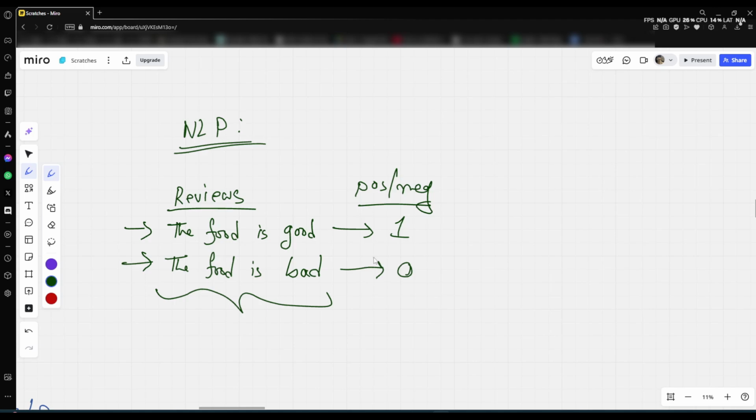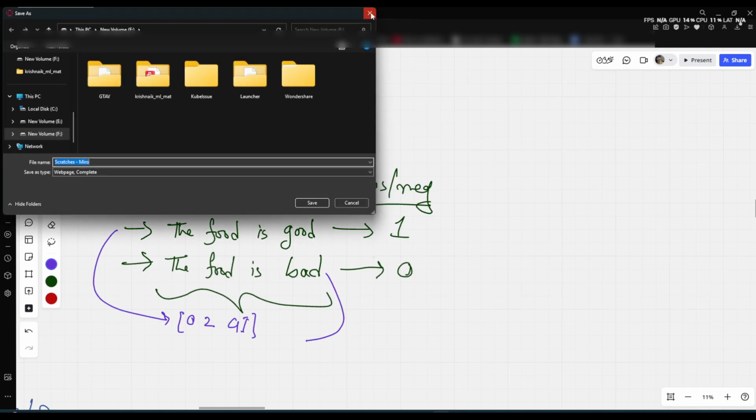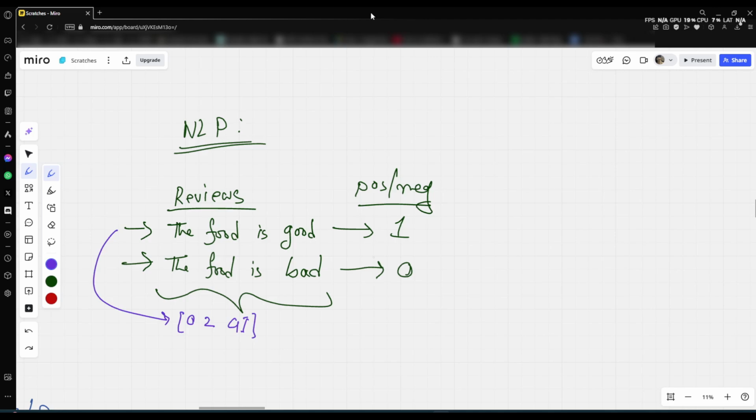For the food is good, this might be represented as 0 2 4 1, and for the second one, whatever, I'll just put some random numbers here, 2 4 3 4.